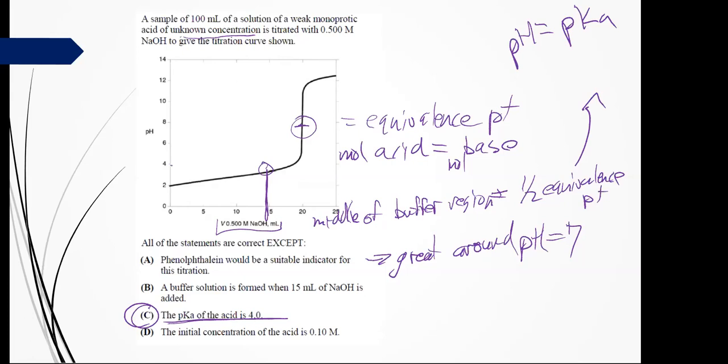And so this is how we find the initial concentration of the acid. We can take that 20, multiply it by the 0.5, divide it by the 100 milliliters. And so this gives us the 0.1, which is how many moles of our acid that we took.